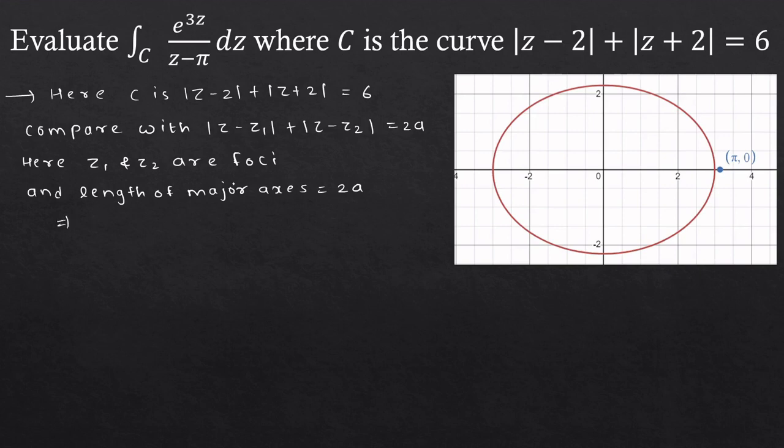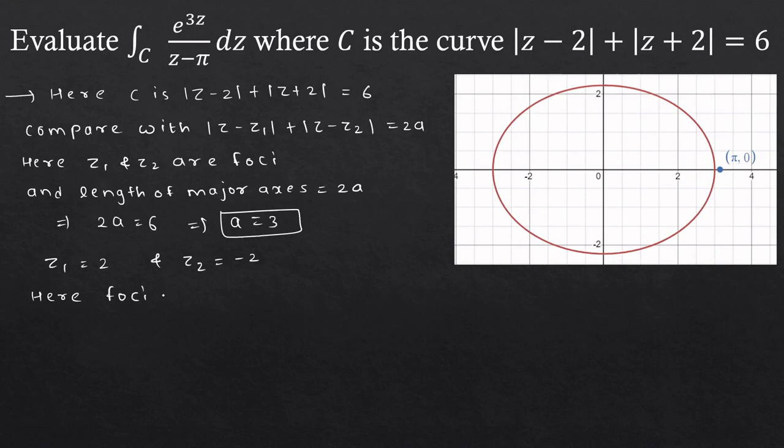So this implies 2a is equal to 6 from this equation, so a value is 3. And z1 is equal to 2 and z2 is equal to minus 2.